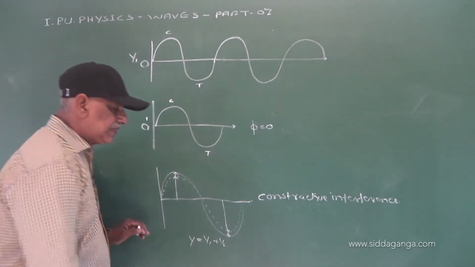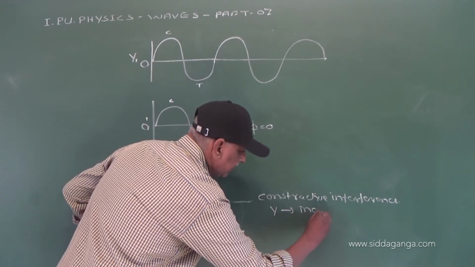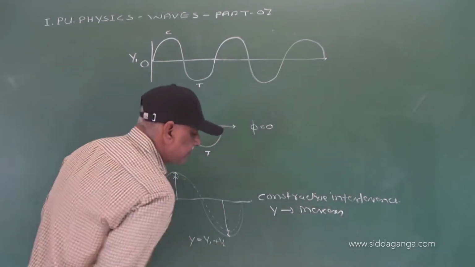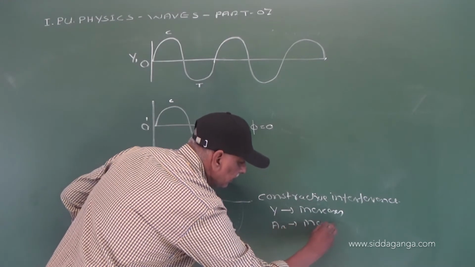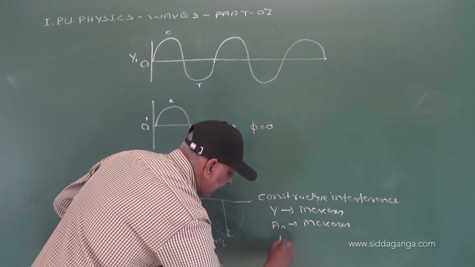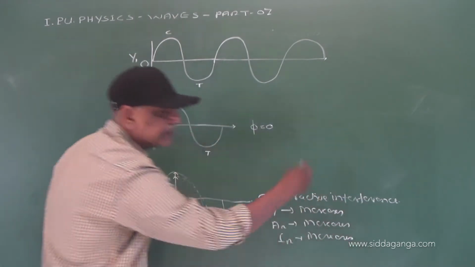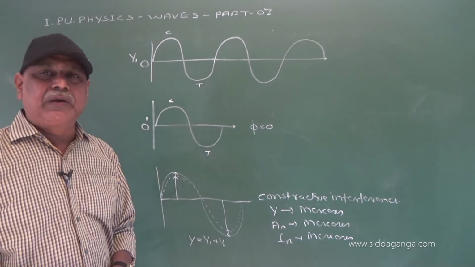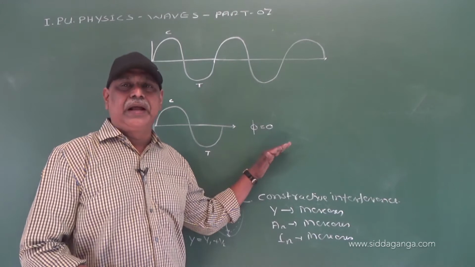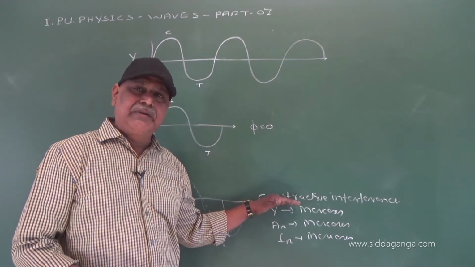So in this case, the resultant displacement y increases, the resultant amplitude increases, and the resultant intensity increases. So when the phase difference between the two waves is equal to 0, the interference is said to be constructive interference.